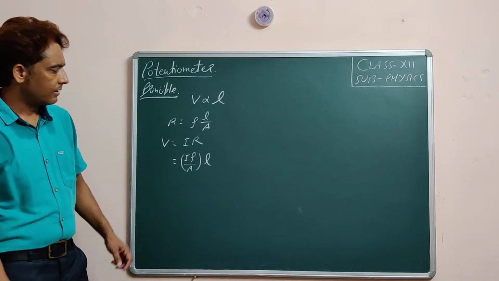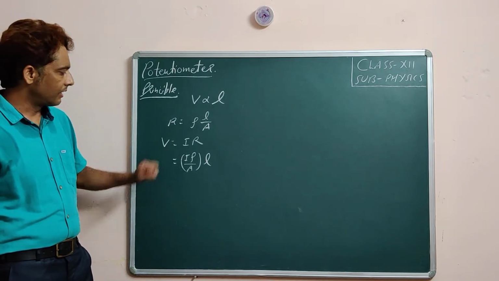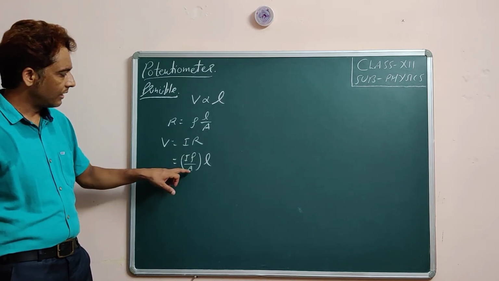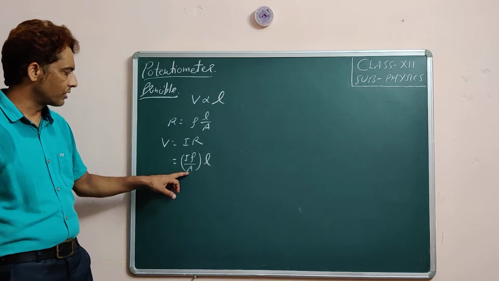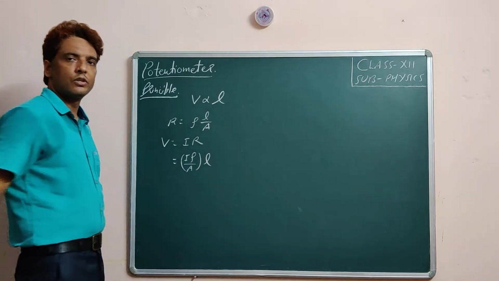Now as I said, if constant current flows through the wire, then rho is constant. A, if wire is uniform, is also constant. Means for constant current, this factor is constant.